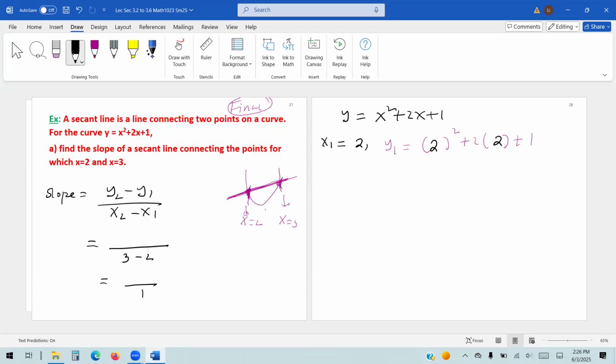If you know your x value, how can you find your y value of a graph? Substitute.